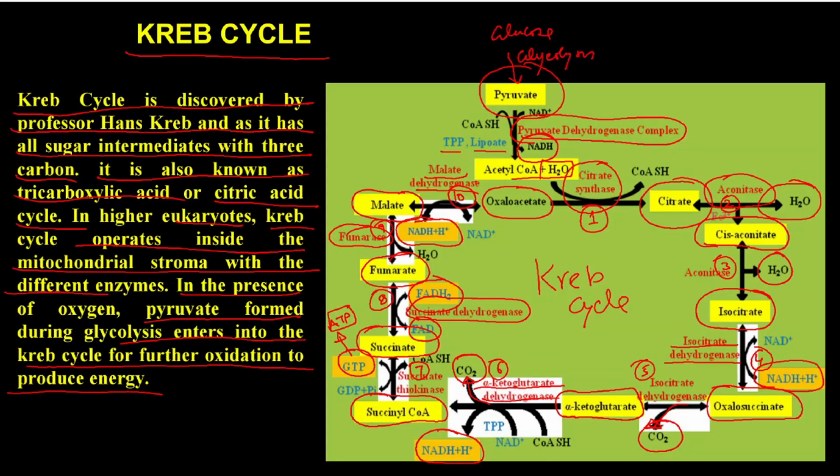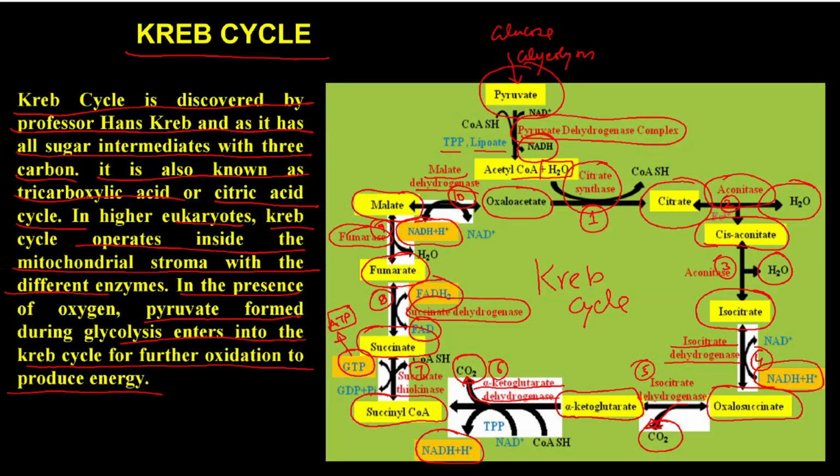Now when we come to the Krebs cycle, as I told you, the pyruvate molecule will enter the Krebs cycle. First of all, what is the Krebs cycle? The Krebs cycle was discovered by Professor Hans Krebs, and as it has all sugar intermediates with 3 carbons, it is also known as the tricarboxylic acid or citric acid cycle.